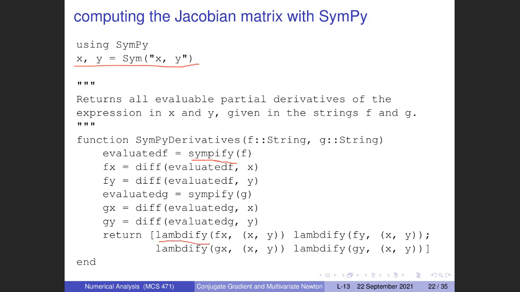The lambdify will return functions, so we have the expressions for the derivatives, and they are turned into functions. So we will actually have a matrix of functions that we can evaluate. This essentially very simple function takes strings on input and returns a function to evaluate the Jacobian matrix.